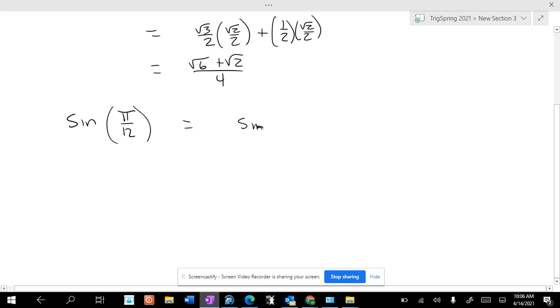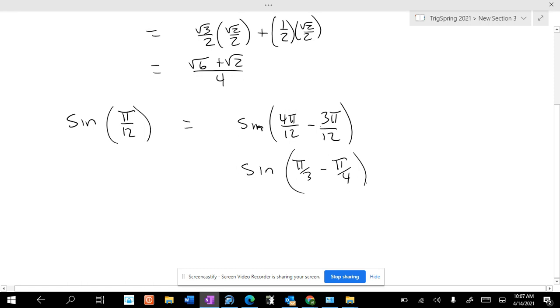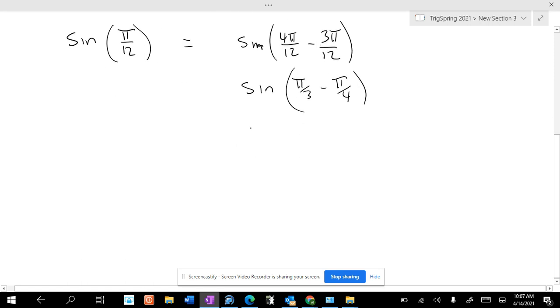The sine of 4 pi over 12 minus 3 pi over 12, which is the sine of pi over 3 minus pi over 4. So it is the sine of pi over 3 cosine of pi over 4 minus cosine of pi over 3 sine of pi over 4. Sine, cosine, cosine, sine.